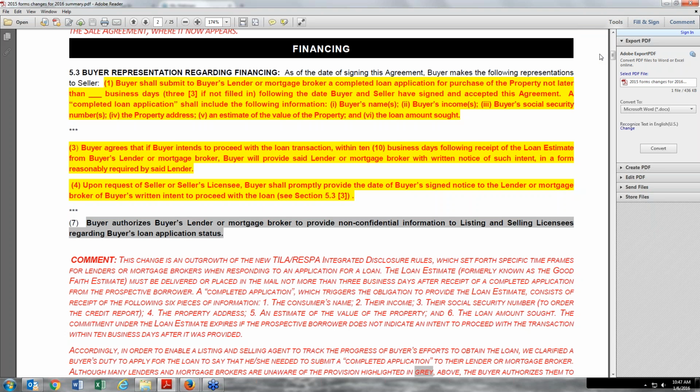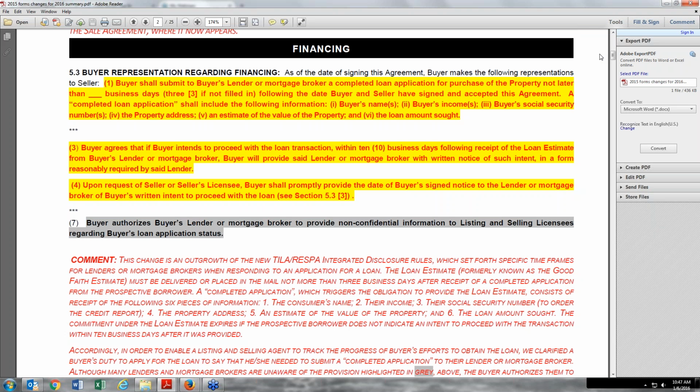Why is that important? It's important because we want to make sure, we being, shall we say, the seller, that the buyer is going to go out and submit a completed loan application, because under TRID, that triggers an obligation on the part of the mortgage broker or the lender to submit what was formerly known as a good faith estimate and now is called the loan estimate.